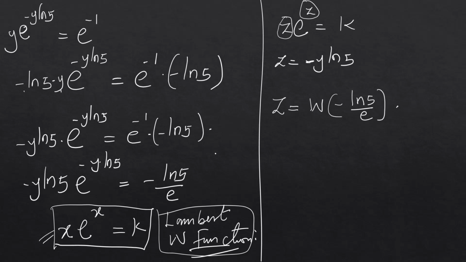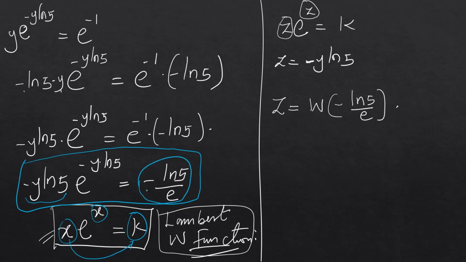Let me highlight it so that you see what I did here. Remember, if some letter times its power is equal to k, the answer is that letter equals the W function of this k. The whole of this is my z, so it's going to be the W function of everything here. That was what I did.